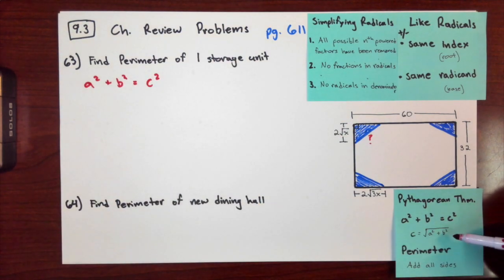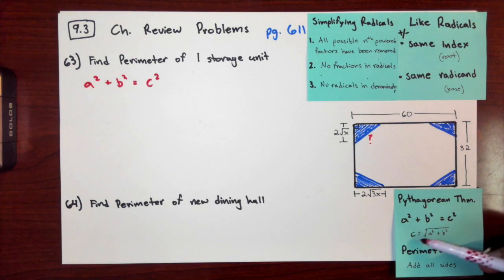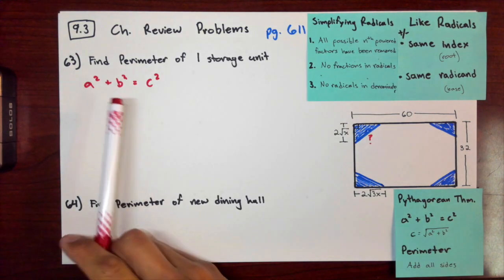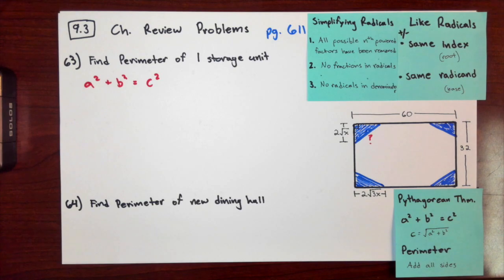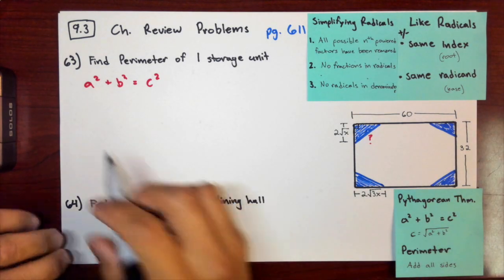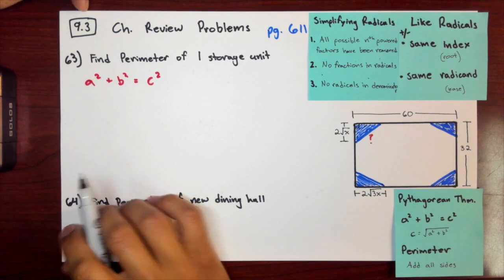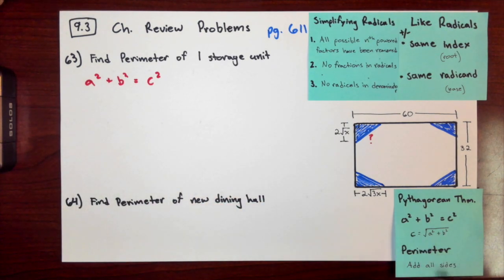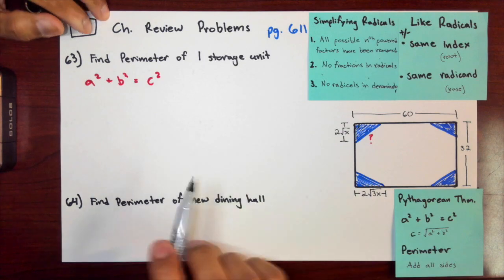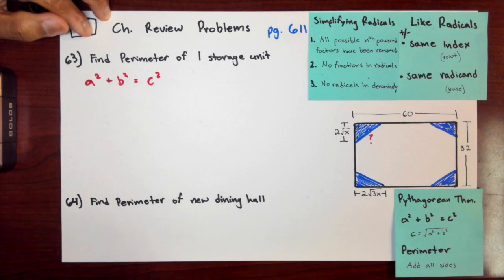All right, and now I wrote a subnote. Basically, when you manipulate this theorem, you can find c by just finding the square root of a squared plus b squared. Okay, but you just use algebra to figure that out. So a squared plus b squared equals c squared. Let's plug in what we do know. Now it doesn't matter which side we use for a or b because they're both just going to be legs of the triangle. So we're going to make this one a and we'll make this one b.